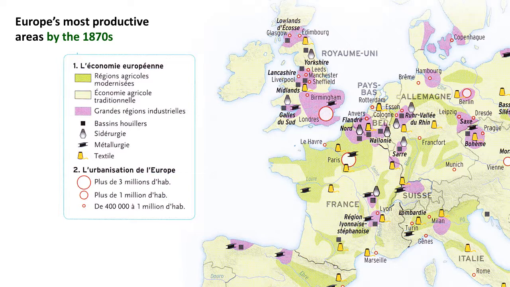In any case, France was still a country of farmers, not only in the middle of the 19th century but also at the end of this century. And the percentage of people living in the countryside remained above 50% until World War II in France. So that was a very different process than the British process.